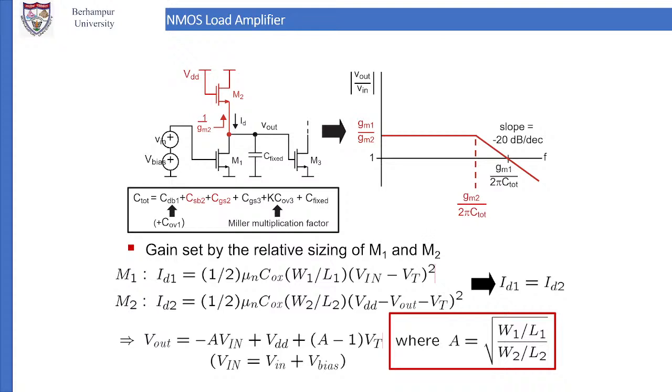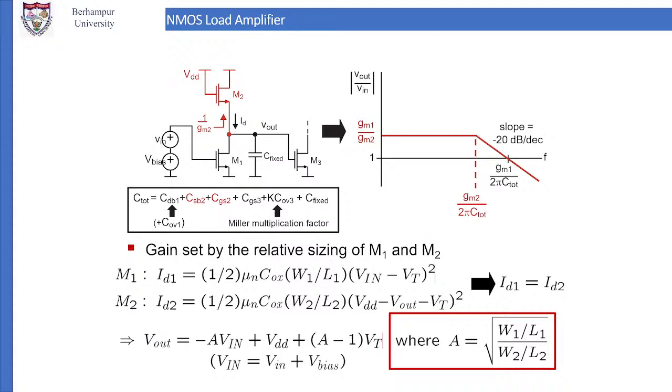C total is determined by CDB1, CSB2 plus CGS2, CGS3 plus K CDB3 plus C fixed. Now in this, since we have replaced the PMOS by NMOS, the capacitance is due to the replaced NMOS at CSB2 and CGS2.